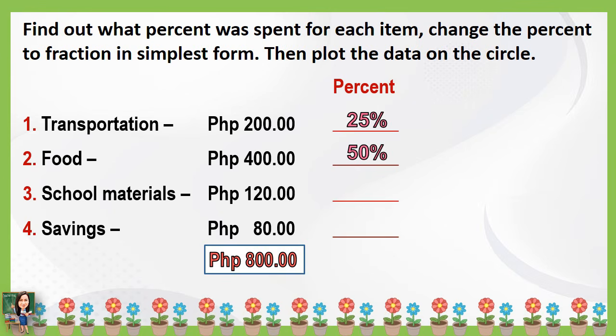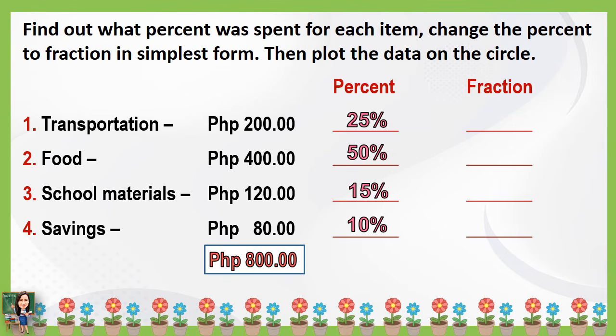Next, 120 divided by 800 times 100% equals 15%. Then, for savings, 80 divided by 800 times 100% equals 10%. So, transportation is 25%, food is 50%, school materials is 15%, and savings is 10%.